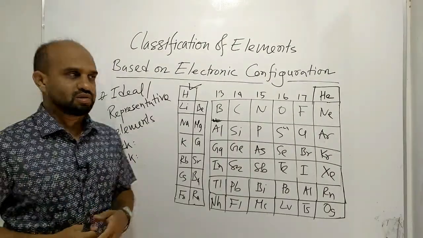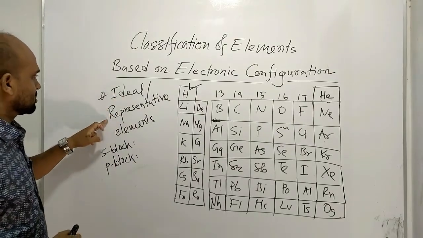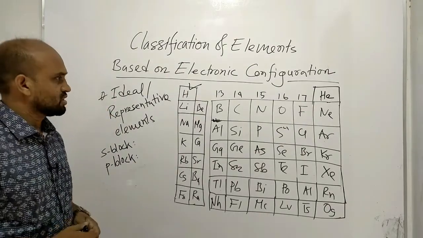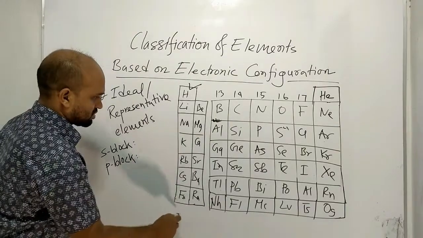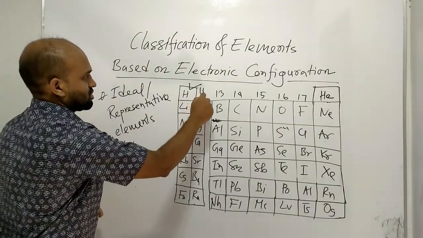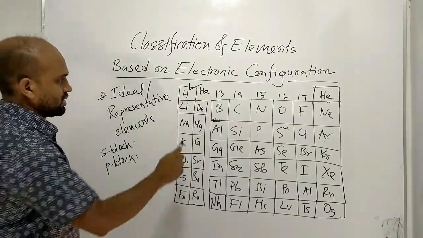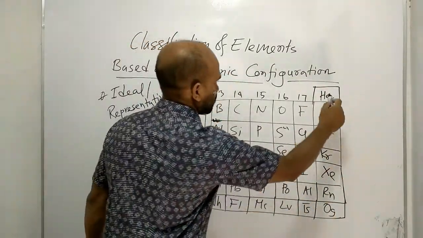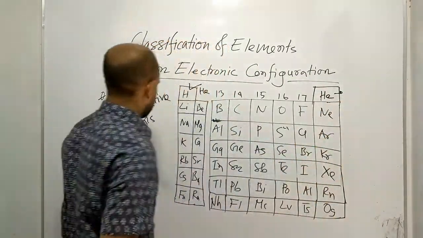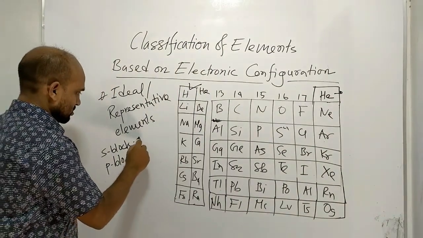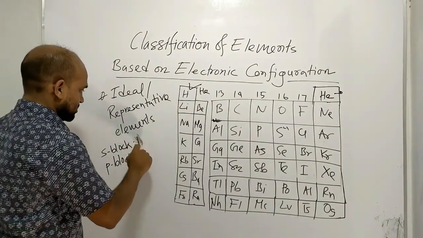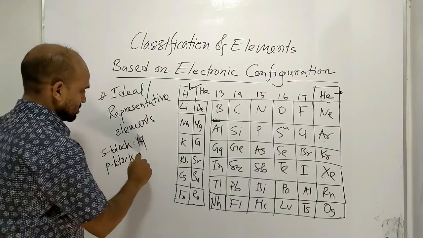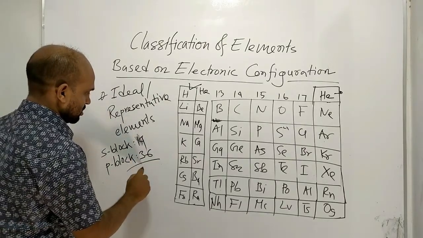Now the point is ideal or representative elements. These are S block elements including helium, and these are P block elements excluding helium. S block 14 elements and P block 36 elements, total 50 elements.